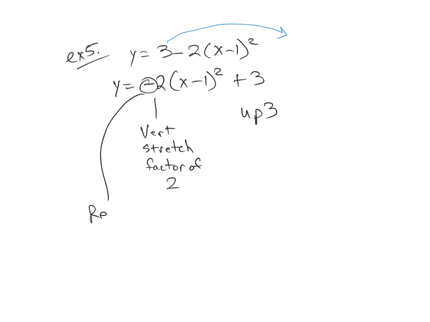It flips. Reflect what? Vertically. So if you're reflecting vertically, it's over the x-axis. So when you read that in the back of the book, it says reflected over the x-axis, you need to remember that if you're going over the x-axis, that's a vertical movement. Okay? So reflect over the x-axis.